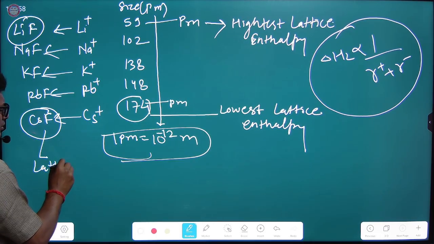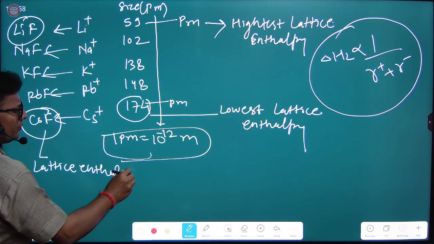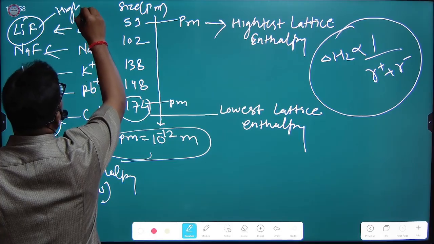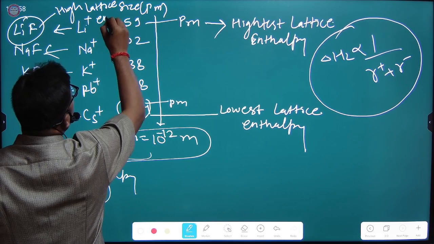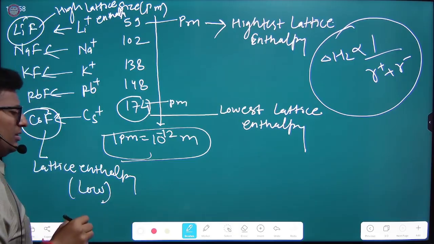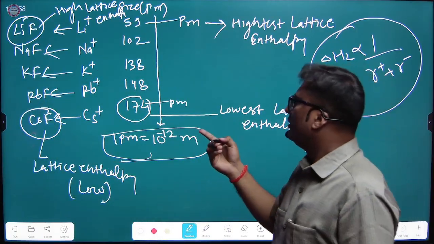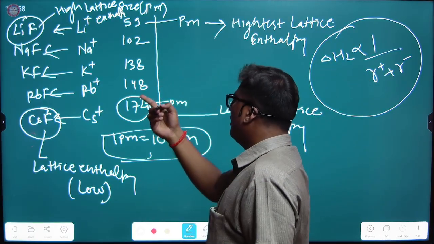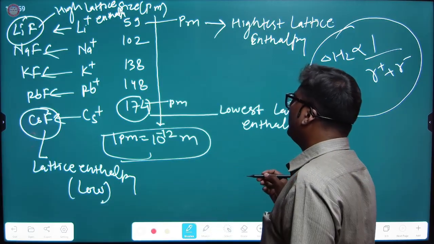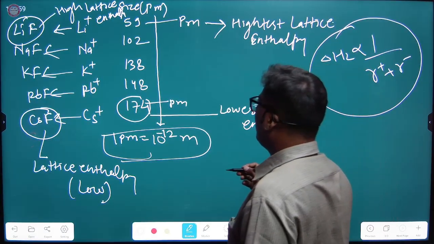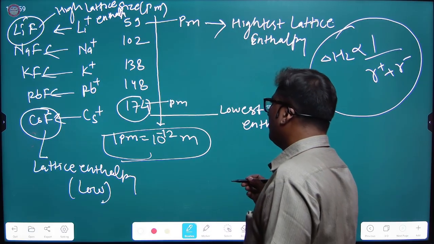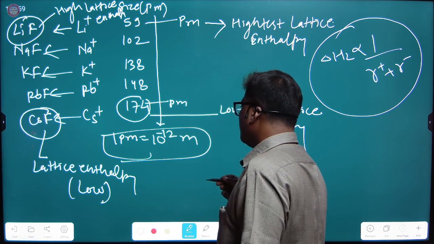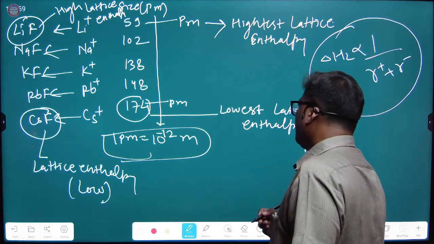In conclusion, in the first group, all alkali metal cations form ionic compounds, and the lattice enthalpy of smaller alkali cations is very high, while larger alkali cations form ionic compounds which have lesser lattice enthalpy because of the inter-ionic distance.